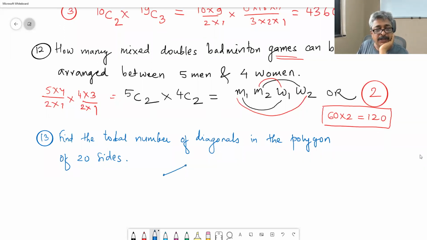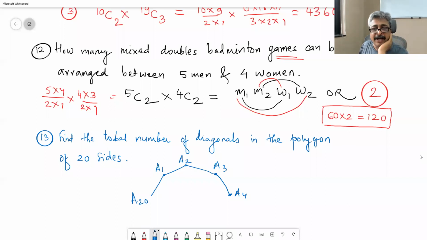One vertex is here, another vertex is there, another vertex is there. So out of 20 vertices, I can join vertex number 1, A1, A2, A3. I can start creating a diagonal from A4 this side, A3 this side, and maybe A20.